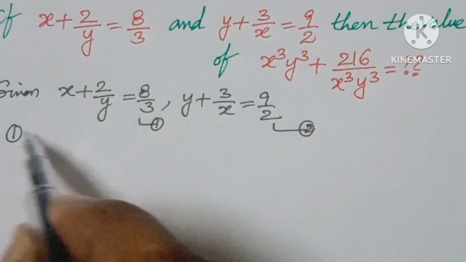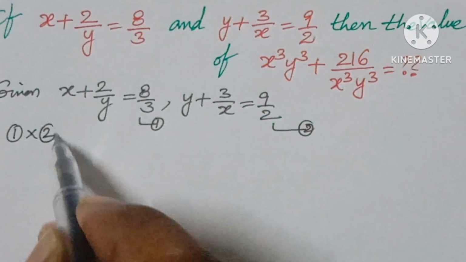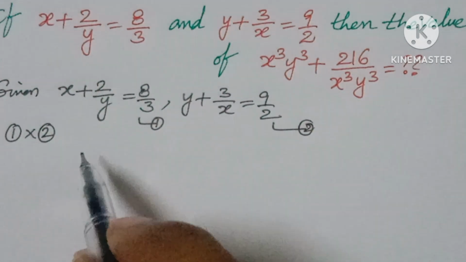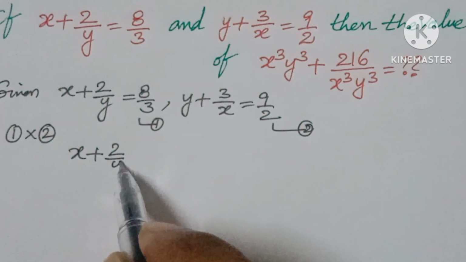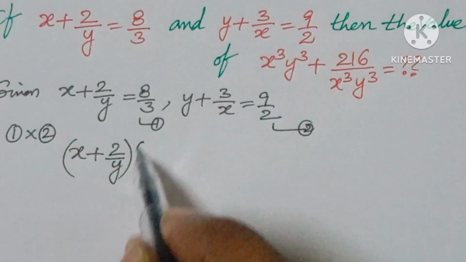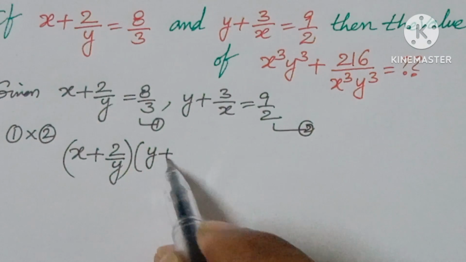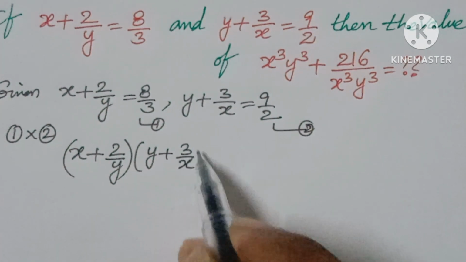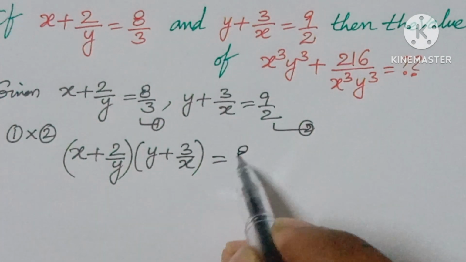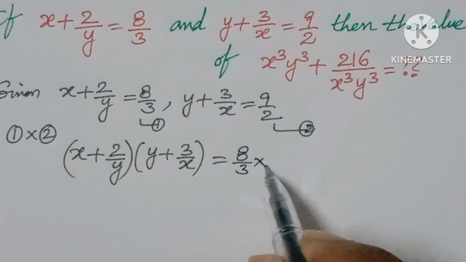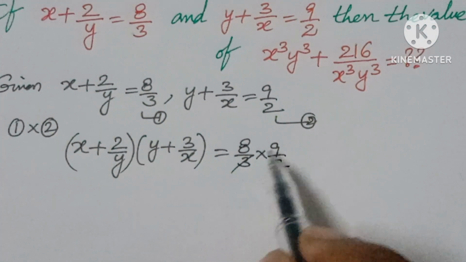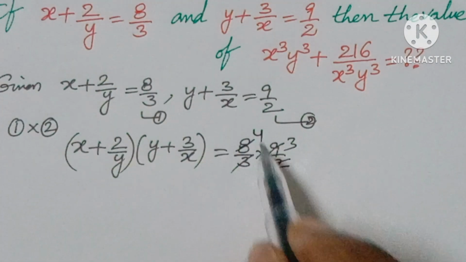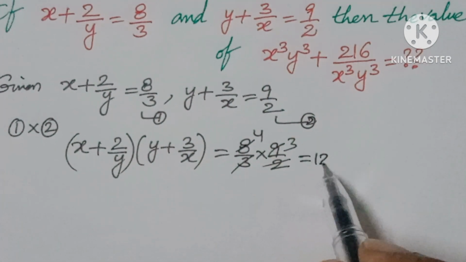Here we will first do 1 into 2, multiplying 1 and 2: x plus 2 by y into y plus 3 by x is equal to 8 by 3 into 9 by 2. Here 3 goes 3 times, here 2 goes 4 times, you will get 12.